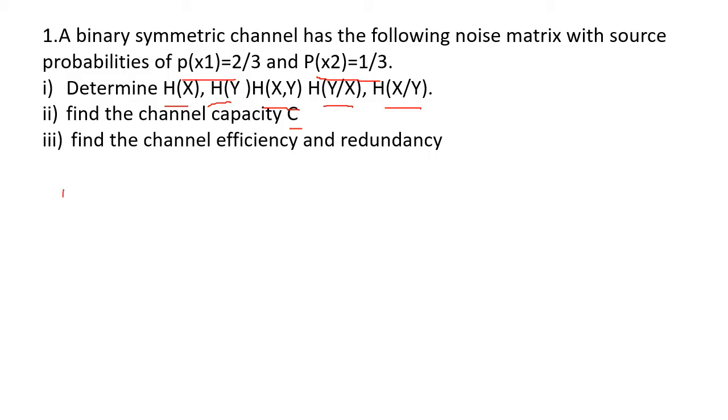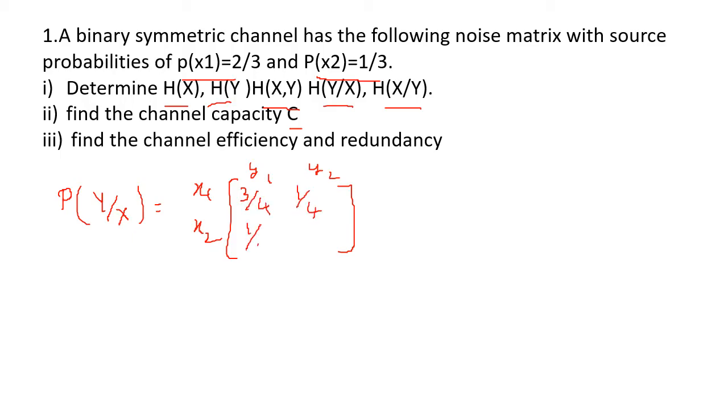So the channel matrix here is given as P(y|x), where x1, x2 are the inputs, y1, y2 are the outputs, and the matrix elements are 3 by 4, 1 by 4, 1 by 4 and 3 by 4. So if you see this matrix, it is symmetric and it is binary because you have two inputs and two outputs.